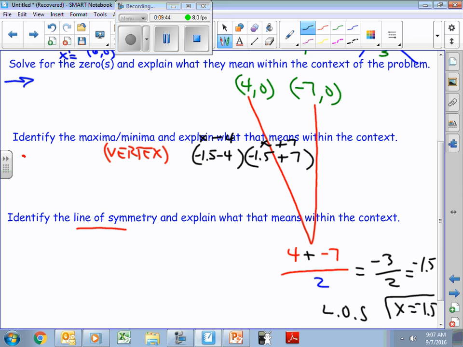This is a calculator problem, so I know some of you can do it by hand. In your calculator, you're just going to put in parentheses, negative 1.5 minus 4, close parenthesis, open parenthesis, which means to multiply it, negative 1.5 plus that. It'll give us some number, I think it was 6.5. Anybody got that one? Say it again.